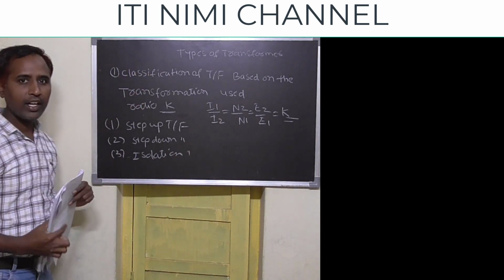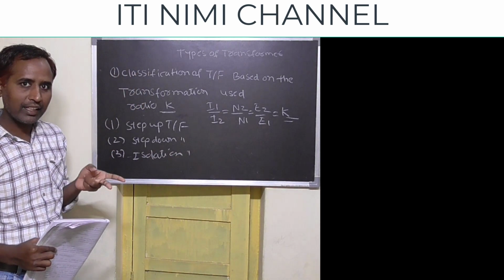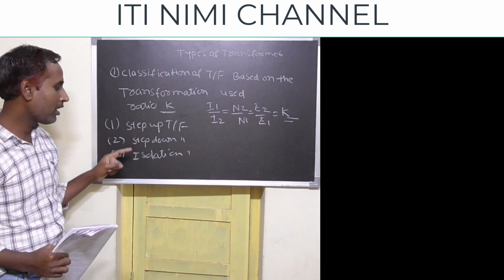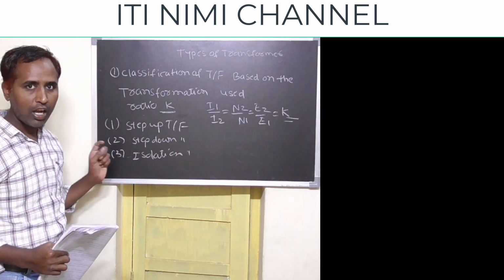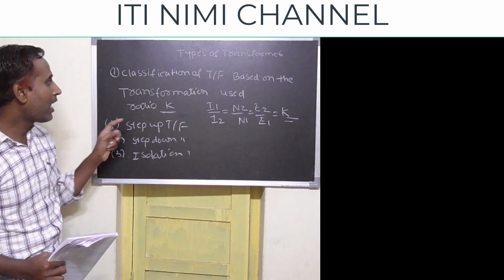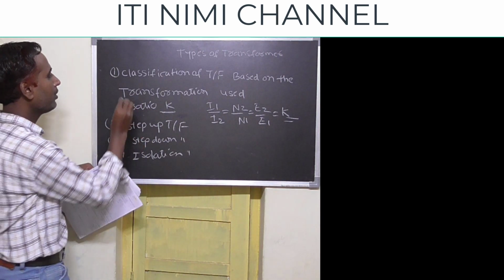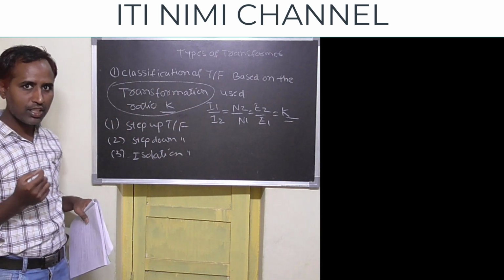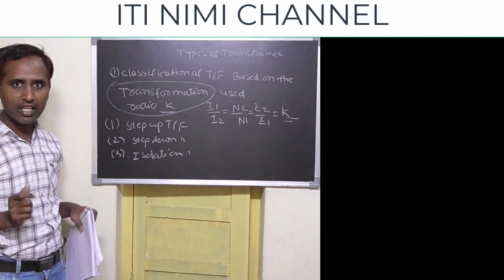We are dividing the transformer into three categories: step up transformer, step down transformer, and isolation transformer. How are we dividing these transformers? On the basis of transformation ratio. This point is very important.